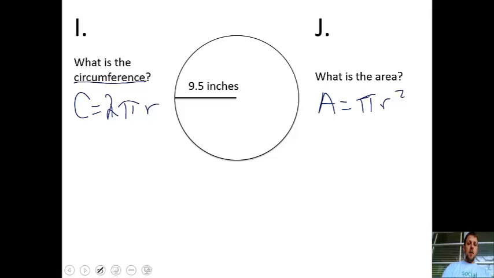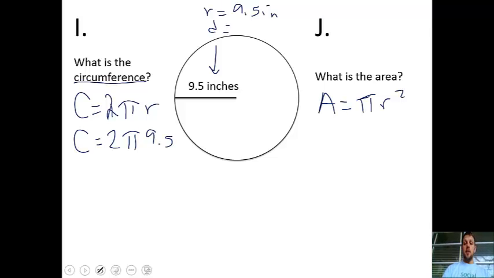Alright, I also have to pay attention. Is this radius or diameter? This is the radius, which is 9.5. I'm thankful because I really don't need the diameter. Alright, so let's put that in. 2 times pi times the radius, which is 9.5, and area is equal to pi times the radius, which is 9.5 squared.